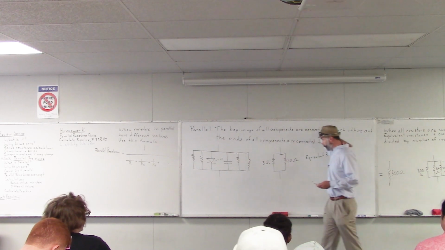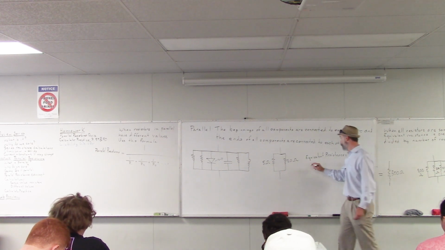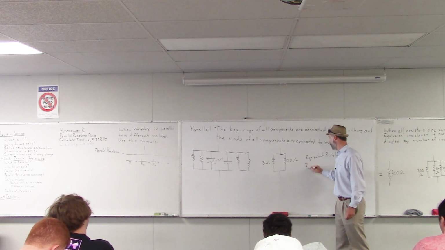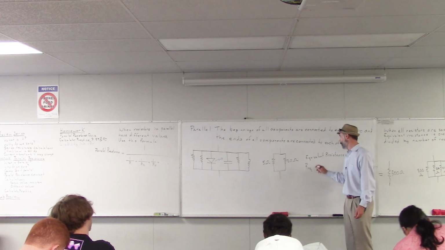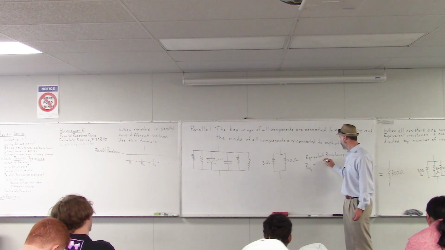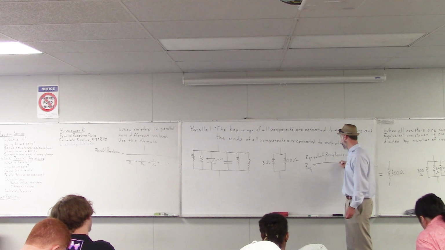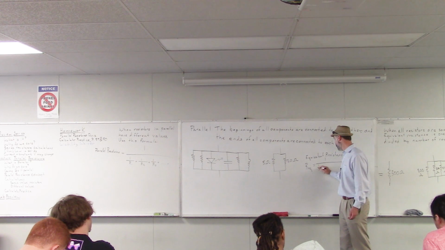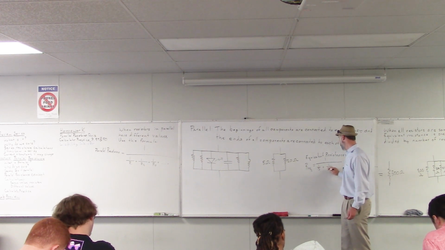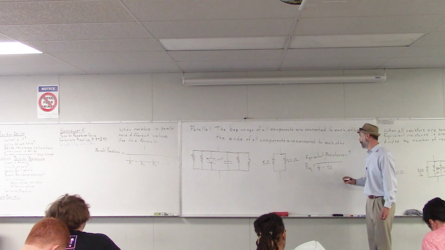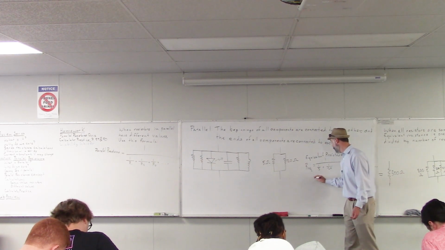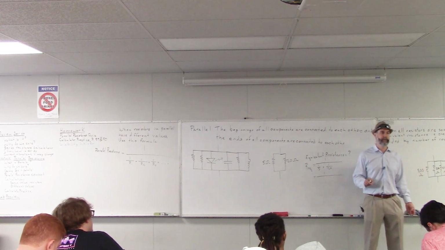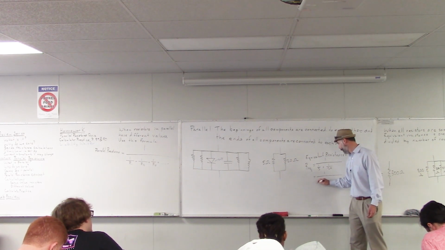So we'll call this equivalent resistance REQ, for equivalent. That equals 1 over 1 over 5 plus 1 over 20. So that is 1 divided by, what's 1 divided by 5? Yep, 0.2.